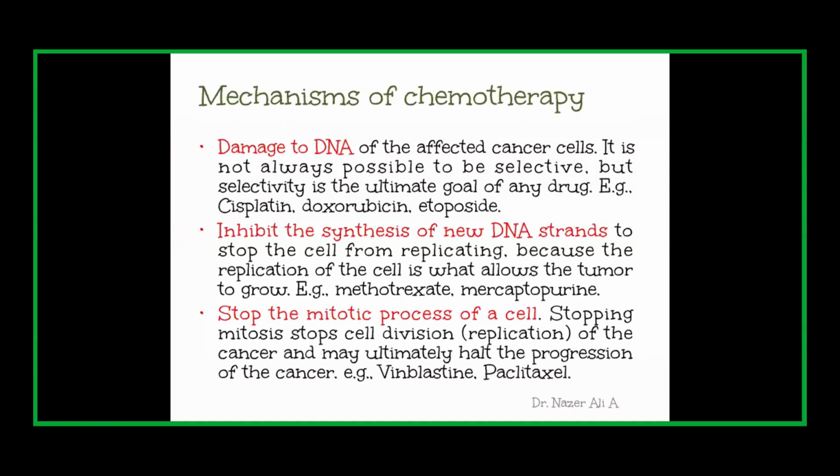Second, they can inhibit the synthesis of new DNA strands, that is the DNA replication process which occurs during the S phase of the cell cycle. The third thing, they can stop the mitotic process which occurs during the mitotic phase. So these three: damage to the DNA, inhibiting the synthesis of new DNA strands, or stopping the mitotic process of a cell.